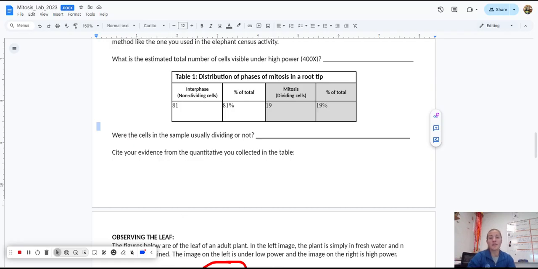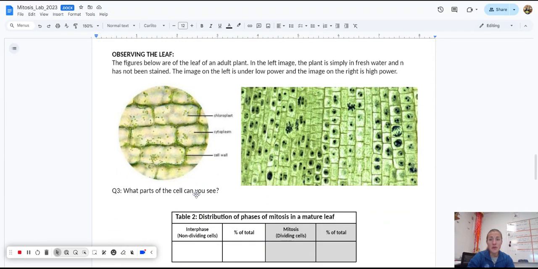So after we look at those cells that are in the process of mitosis, we can look at the slide of these leaf cells, okay? So here, we have a little bit of a slide from some leaf cells, and the first thing that I notice is I can see the same parts of the cell. So I can see the cell wall, I can see the nucleus, those are the parts of the cell that I can see, and right off the bat I can also see that a lot less of these cells are dividing.